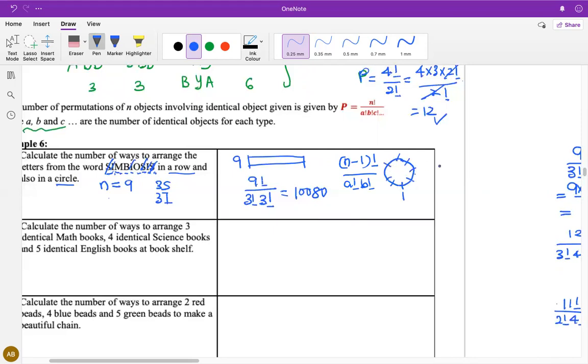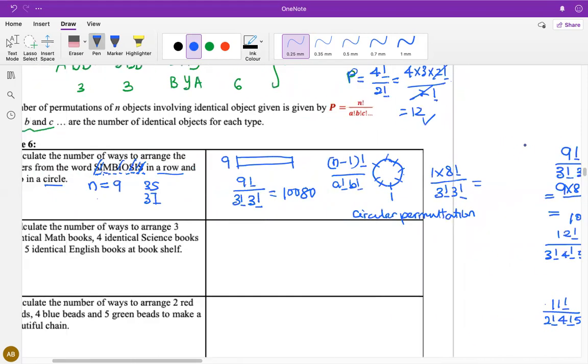So there are 8 more, right? So 1 times 8 factorial divided by 3 factorial and 3 factorial. This one is called circular permutation. Okay, so 8 factorial divided by 3 factorial, 3 factorial.